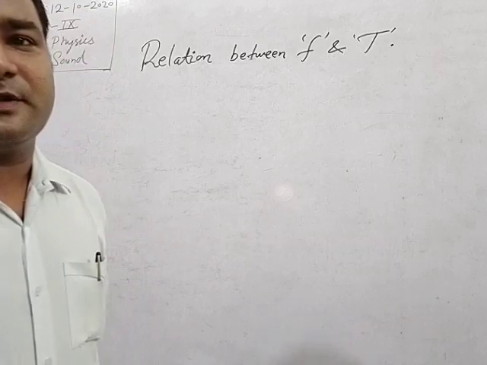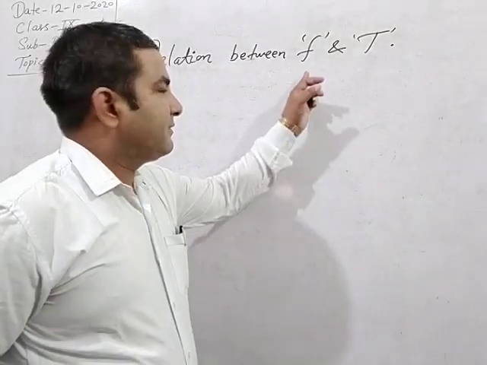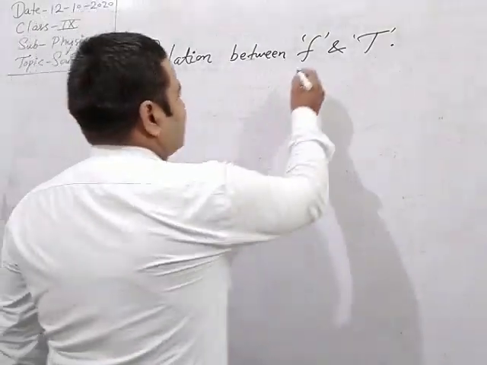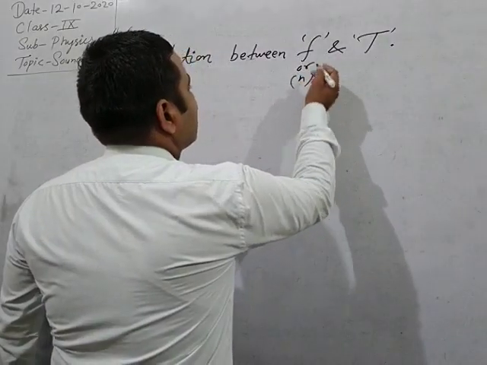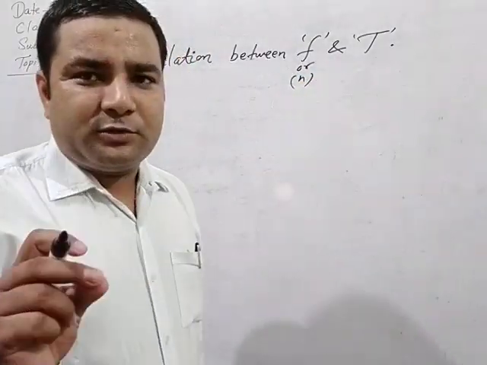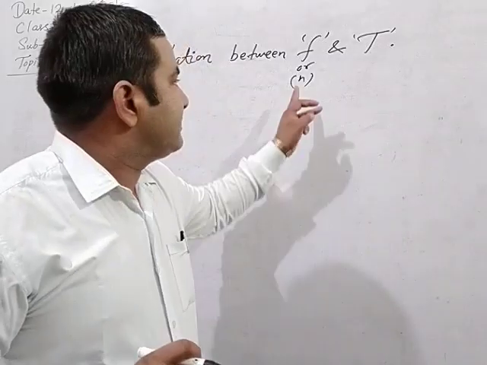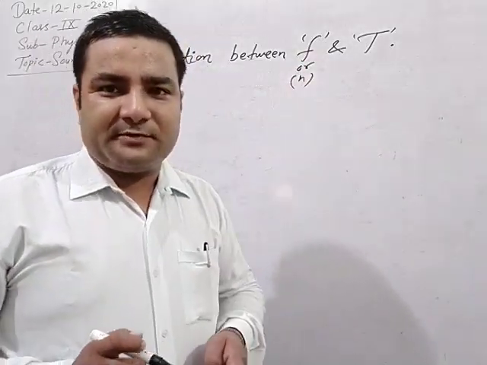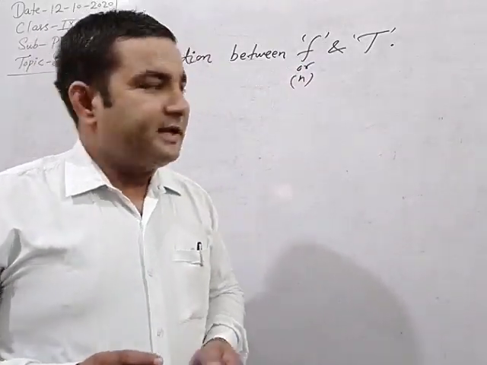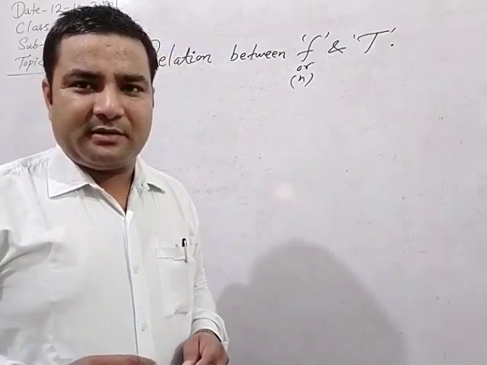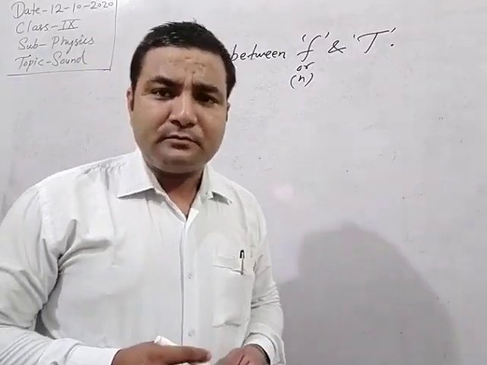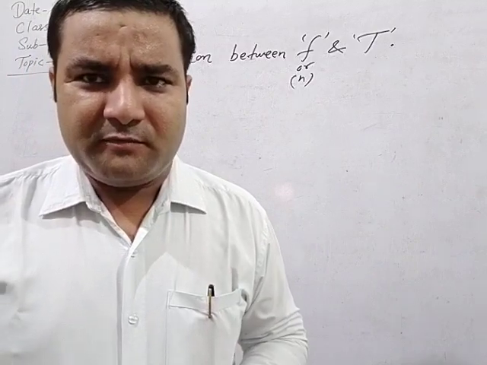Here the relation between f and t. In some books f is represented by small n. No matter, you can use any one symbol, either small n or small f, for frequency representation, and t for time period representation. So deriving the relation between both is a very simple concept.